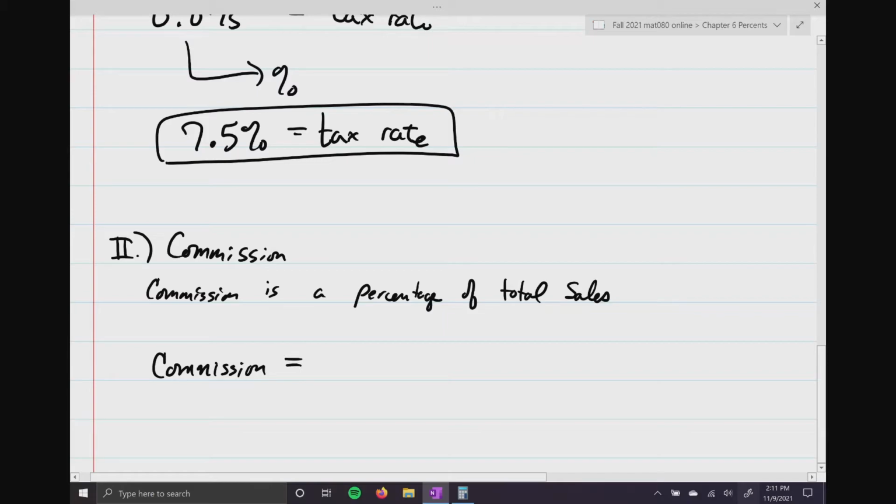So commission is going to equal the rate of commission, and you're going to multiply that by the total sales.